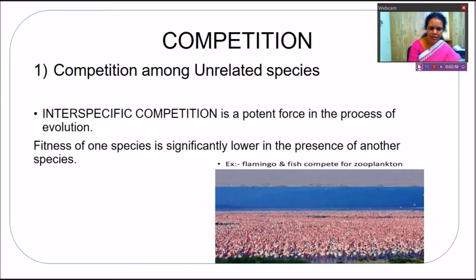Such type of competition occurs because of interference competition. That means the efficiency of one species, or the fitness of one species, is lower in the presence of another species.